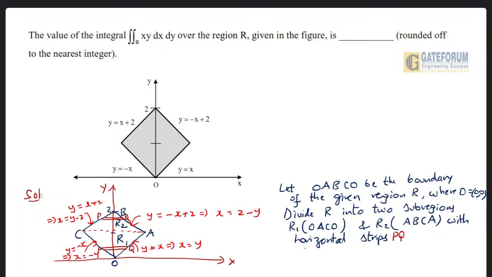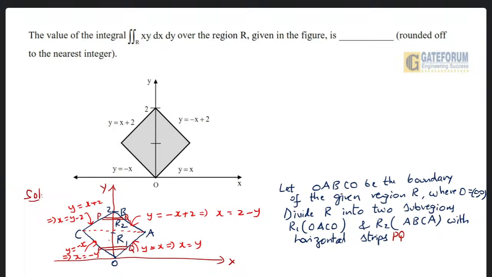Now we have to find the limits. That means the given double integral over R is now expressed as the double integral over R1 plus the double integral over R2. So in each subregion, we have to find the corresponding x and y limits, because a horizontal strip means the x limits are functions of y. That's why I expressed each curve equation like this, and the y limits are constants.